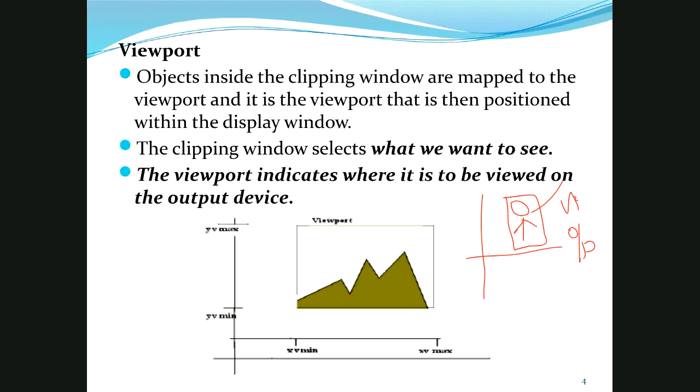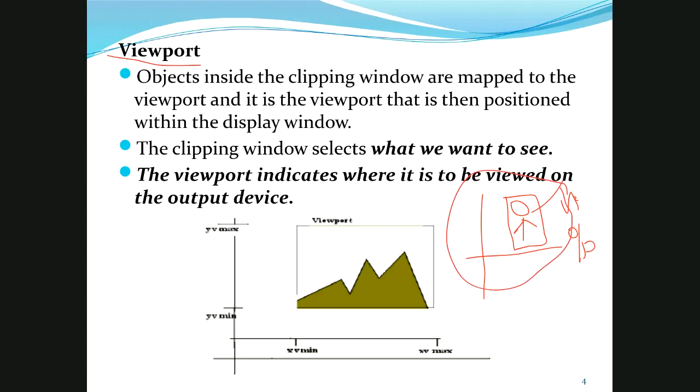Okay, so see here, discussion about the viewport. First, the objects inside the clipping window are mapped to the viewport, and it is the viewport that is then positioned within the display window. So this cut portion we can paste throughout the x and y direction plane.